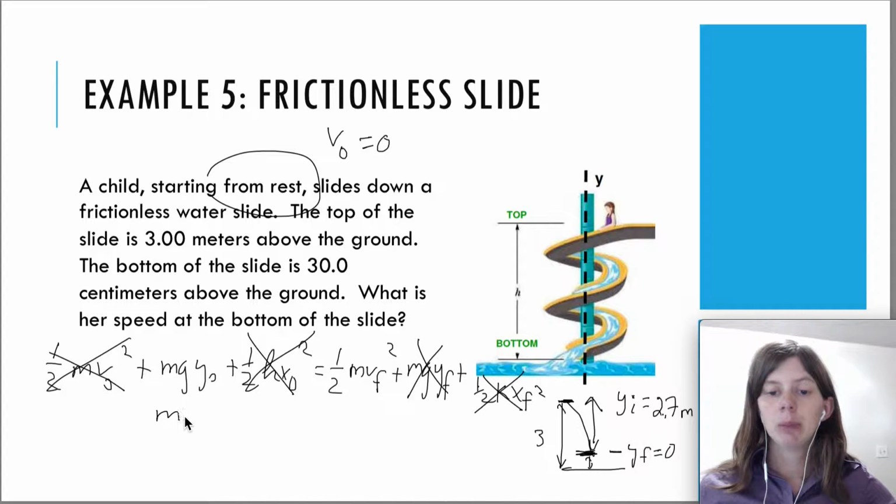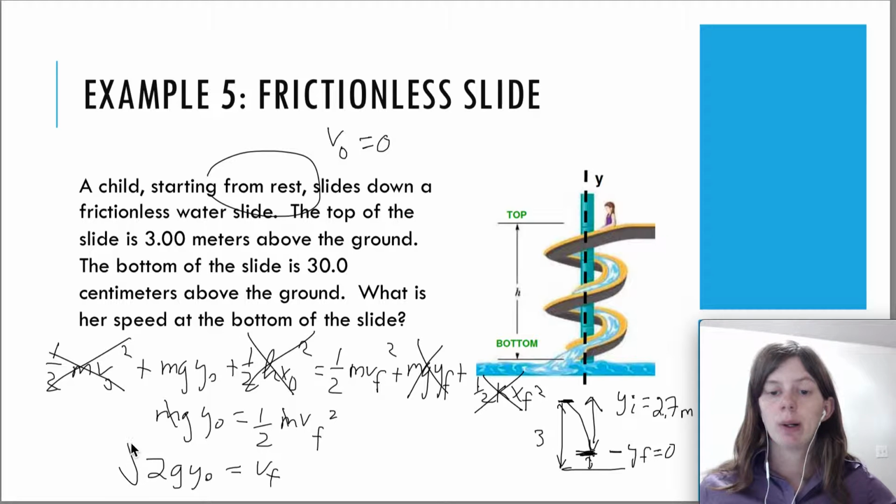So we have mgy initial equals 1/2 mv final squared. When there's no spring potential energy, all the other terms have mass in them, so they can actually cancel out because they're in both terms. And to solve for v, we're going to multiply by 2 to get rid of that 1/2. And then that's equal to vf squared.